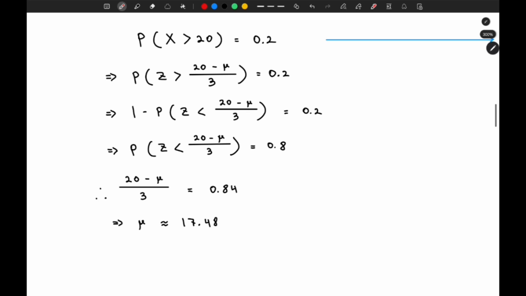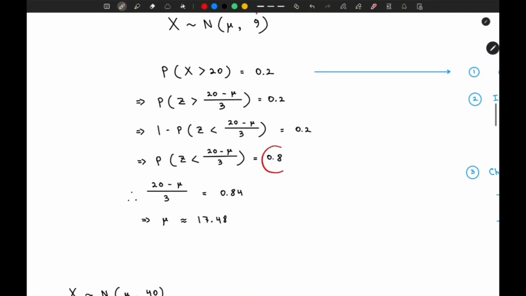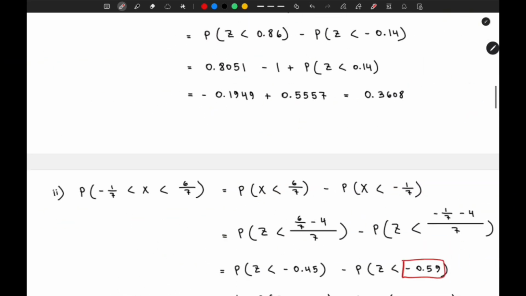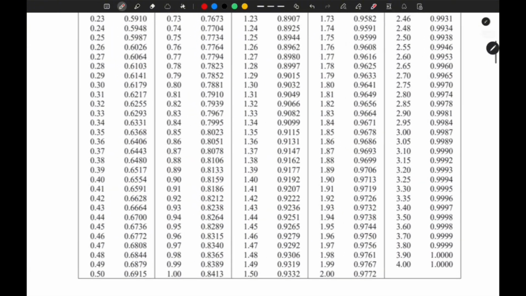So now the probability of z is less than 20 minus mu over 3 is 0.8. Now if we look at the statistical table, when the probability is 0.8, we can find out the value of z. But as you can see in the statistical table, the closest value of phi z to 0.8 is this one, which is 0.7995.